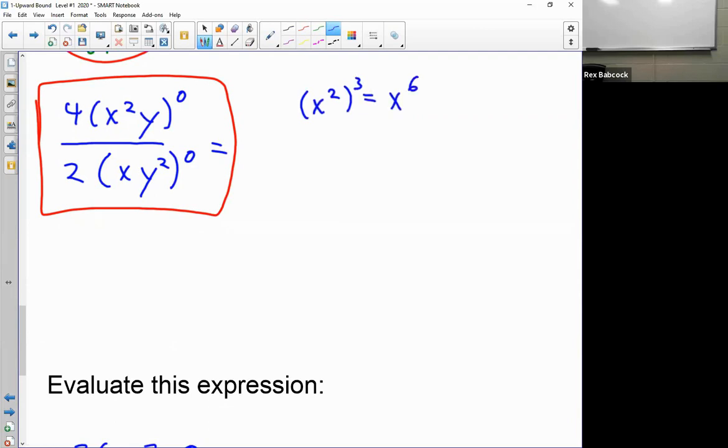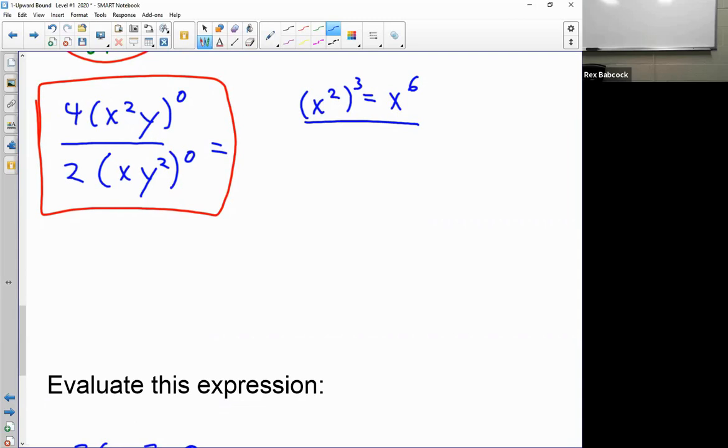A hint or a help: if you have parentheses and an exponent without addition, you multiply the exponents, if there's no addition or subtraction, which there's not here. You have an answer? Need more time?